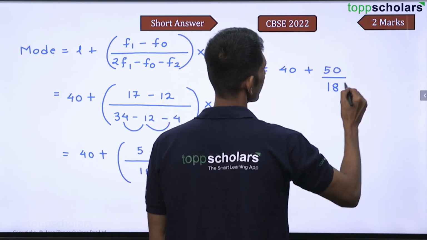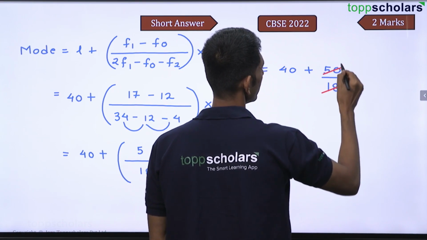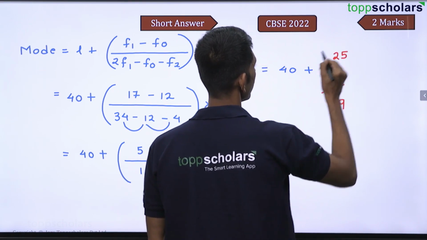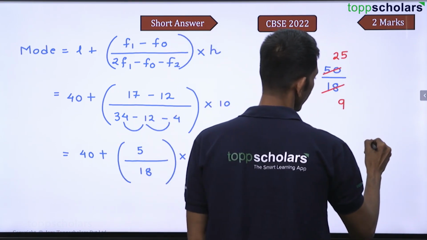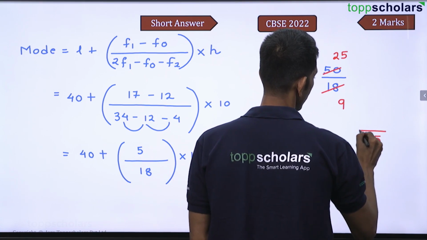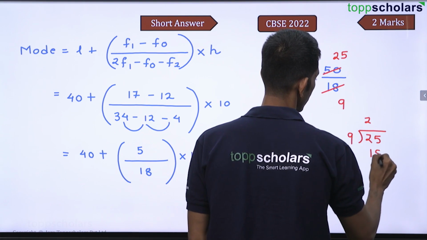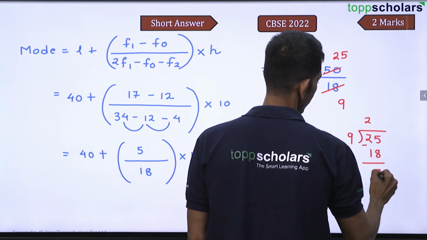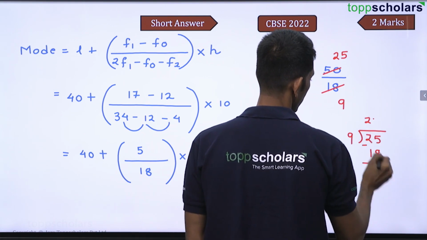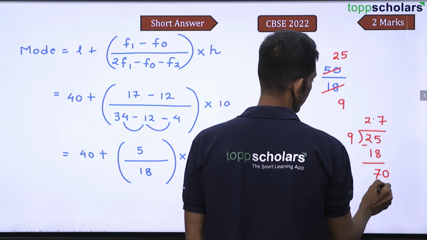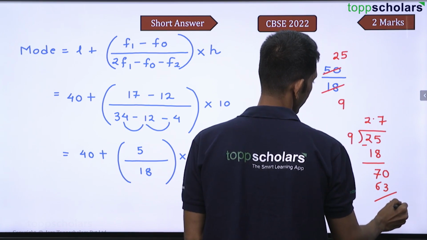If you cancel, this becomes 25 by 9. Then divide 25 by 9. 9 2s are 18, remainder 7. 9 7s are 63, and you get 7 again.